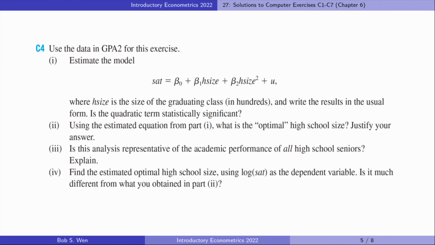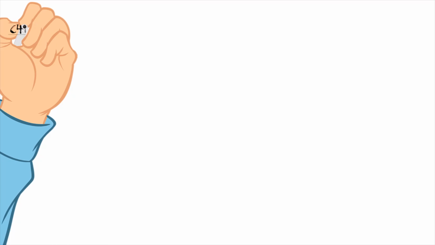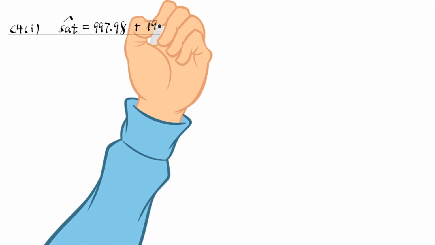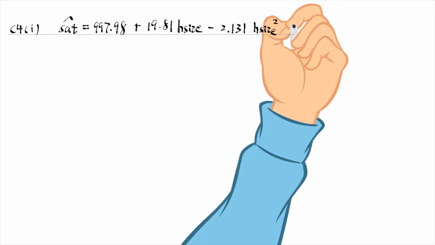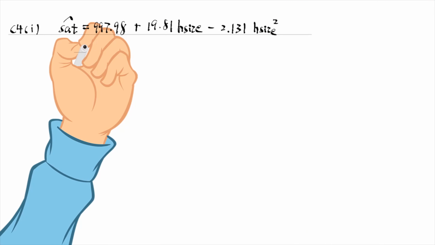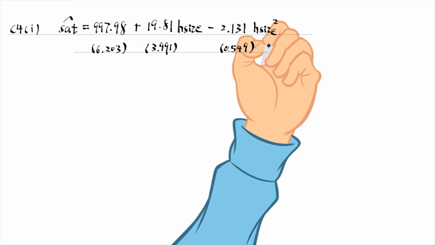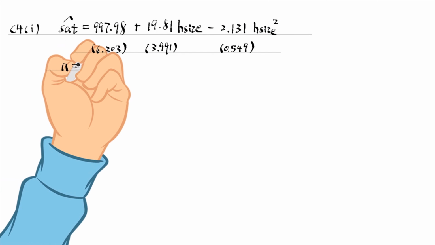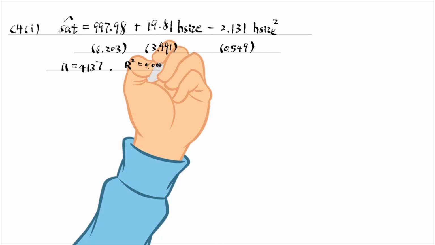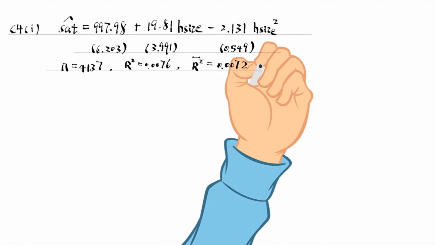Let's do computer exercise number 4. The estimated equation is as follows. The quadratic term is statistically significant at any conventional level.